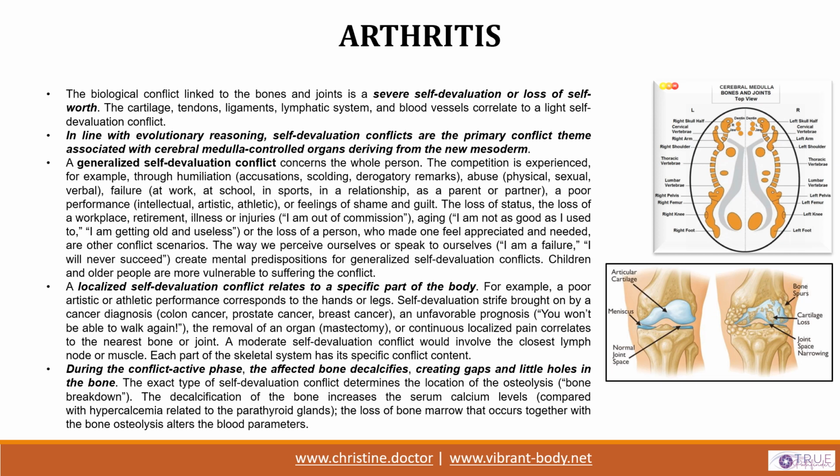Self-evaluation strife brought on by a cancer diagnosis, an unfavorable prognosis, where, for example, your doctor tells you that you will not be able to walk again, or the removal of an organ, for example through a mastectomy, or continuous localized pain correlates to the nearest bone or joint. A moderate self-devaluation conflict would involve the closest lymph node or muscle, and each part of the skeletal system has its specific conflict content.